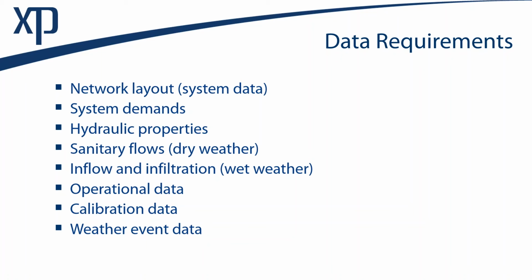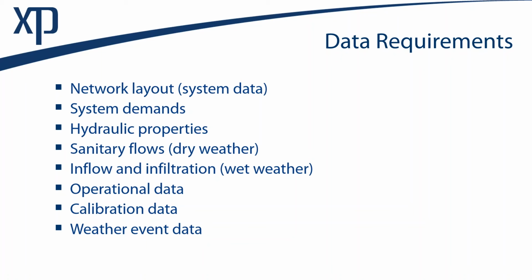Other required data are the system loads. Typically, we're going to get this from our meters. You know, the basic system load, the dry weather load, should be, we hope, very close to an aggregation of the meter data in our system. If it's significantly higher than that, then of course we've got something else contributing to the flow that we need to investigate.